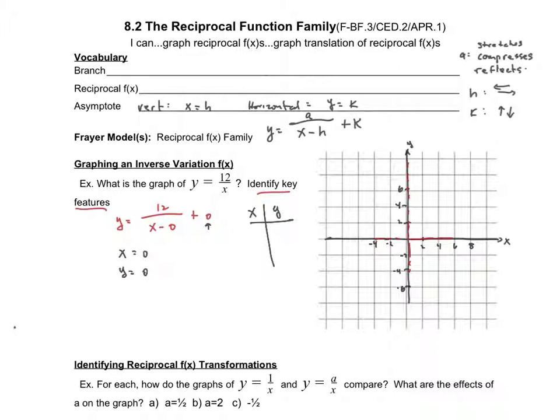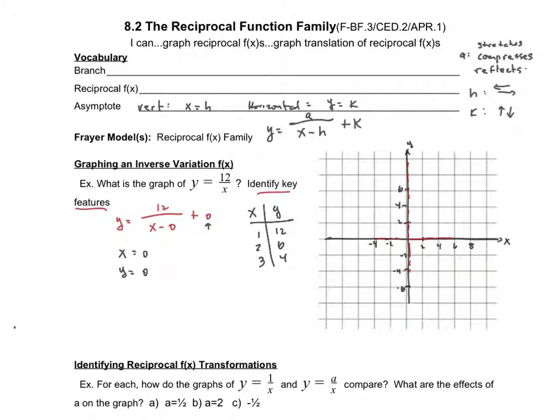That means there's no x-intercept, no y-intercept. If I plug in a few numbers for x, say 1, I get y is 12. When I plug in 2, I get y is 6. When I plug in 3, I get y is 4.